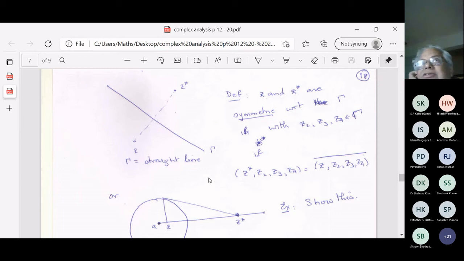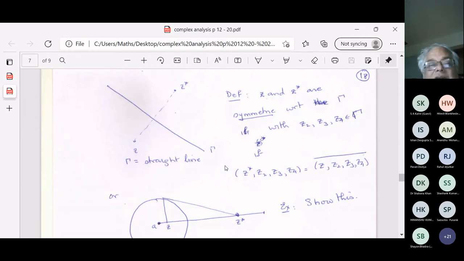Can I talk about the reflection of a point in R3 in a line in R3? Anyway, so what is this theorem supposed to be? The theorem is supposed to be that these 2 points Z and Z star are symmetric with respect to gamma in these cases.